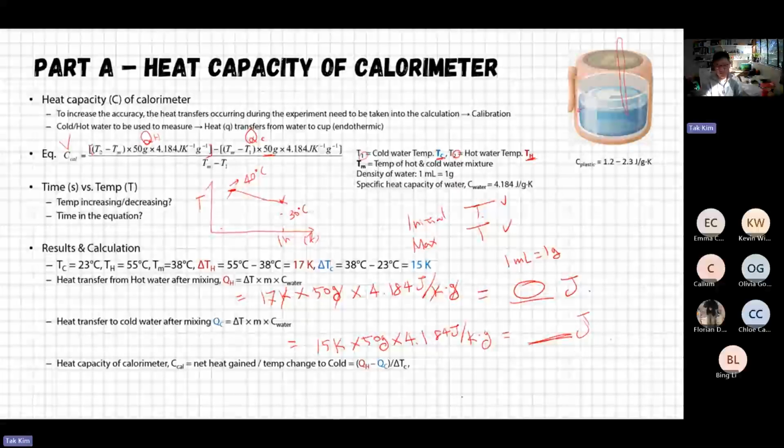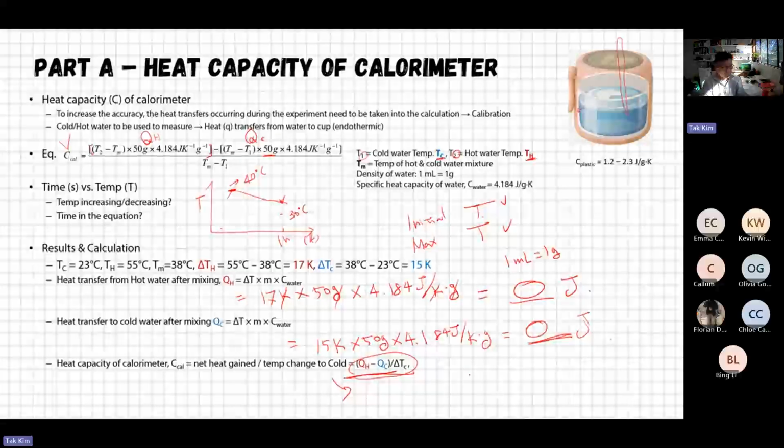Once that is done, you use these values in the final equation, which can be simplified like this. The equation you have in your lab book is an extended version of the equation you are seeing over here. You just need to simply plug those numbers into this equation.